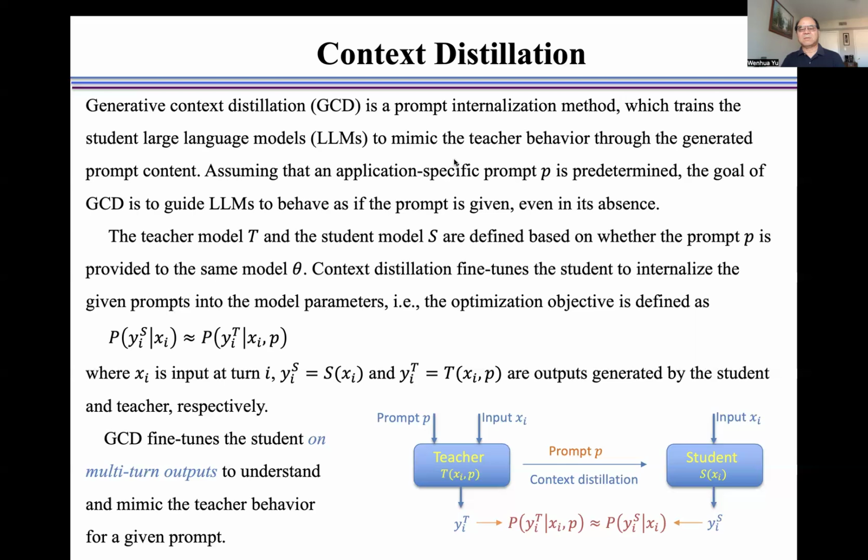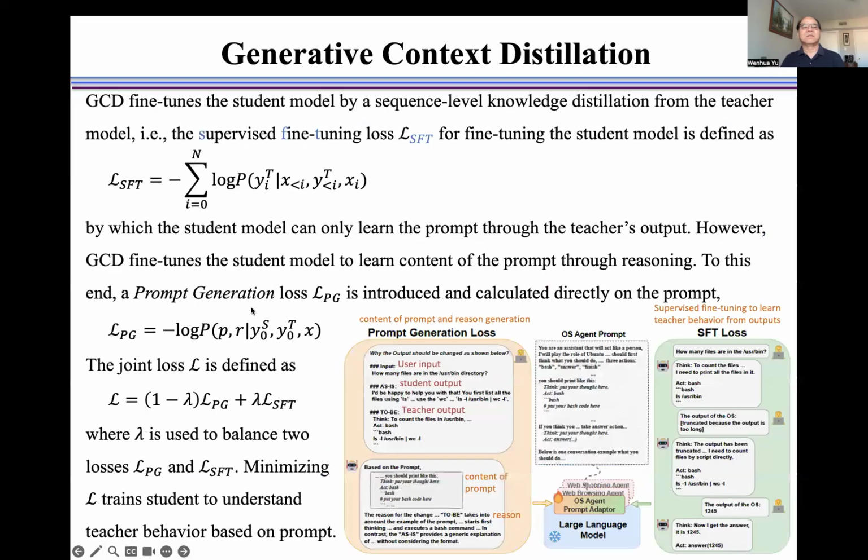Namely, the optimization objective is defined as here, where xi is the input at turn i, yis and yit are outputs generated by the student and teacher respectively, as shown here. This is a teacher model, this is a student model. GCD fine-tunes the student on multi-turn outputs to understand and mimic the teacher behavior for a given prompt.